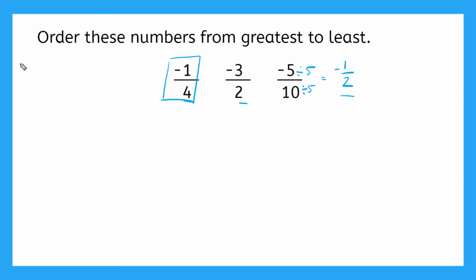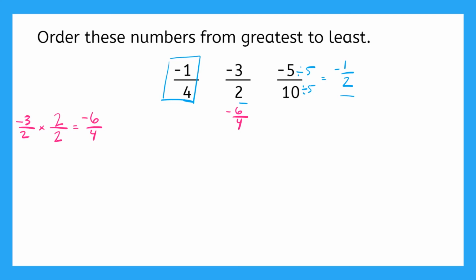So let's start with negative 3/2. If we have negative 3/2 and we want it to be a fraction with a 4 on the bottom, what do I need to multiply my denominator by? Yeah, 2. And that means I have to do my numerator also by 2. Negative 3 times 2 is negative 6/4. So this is negative 6/4.